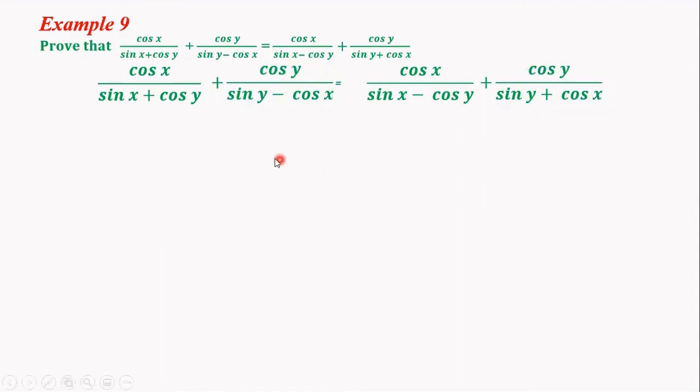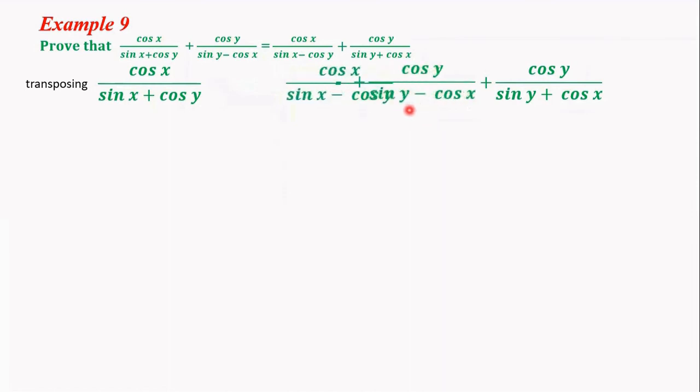So we are going to transpose it. So we are going to arrange the terms of this identity. We are going to shift this second term of left hand side to the right hand side and the first term of right hand side to the left hand side. While we shift here, the sign becomes opposite.